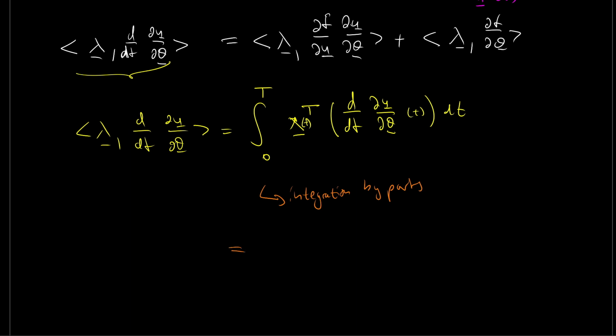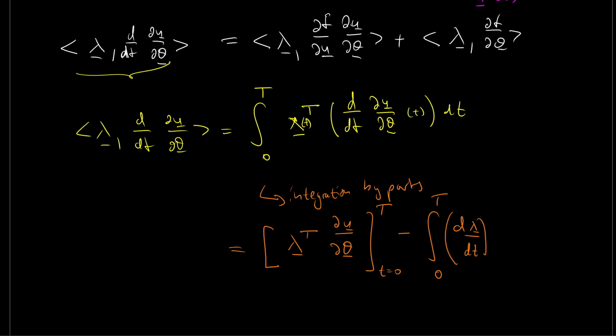We will first integrate the quantity which has the derivative, so this will just give us the Jacobian function, and evaluate it at the limits of the integration, so this will be lambda transpose du by d theta, evaluated at t equals 0 all the way to capital T, and then importantly minus, and then again the integral from 0 to T of, now the derivative is applied to the lambda, so we will have the derivative of lambda with respect to t, in brackets, transpose multiplied with the Jacobian du by d theta integrated over time.